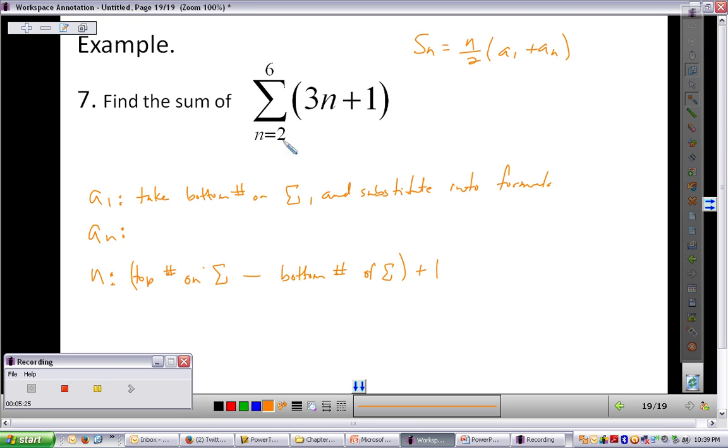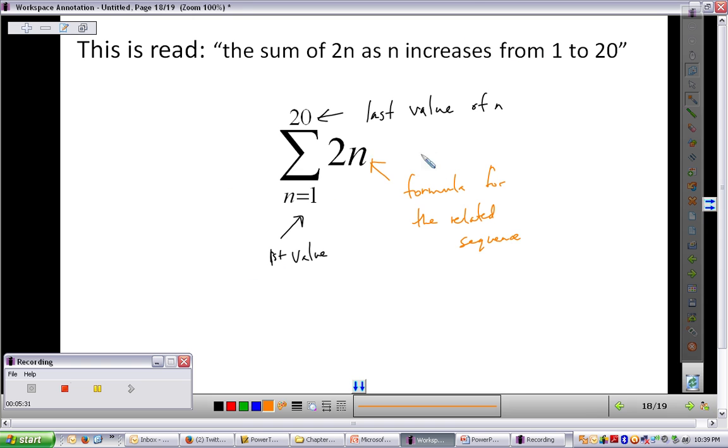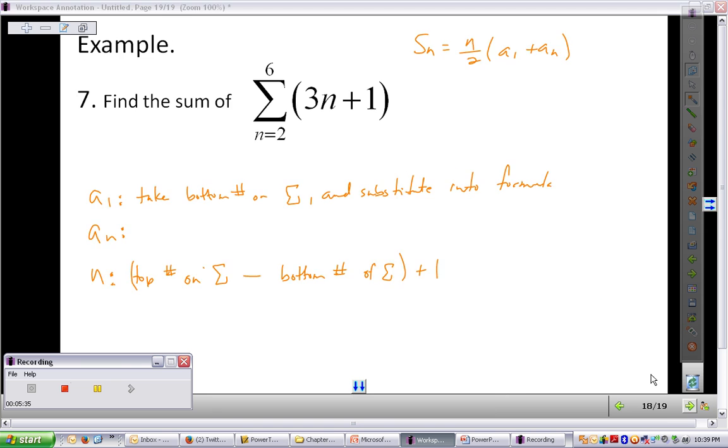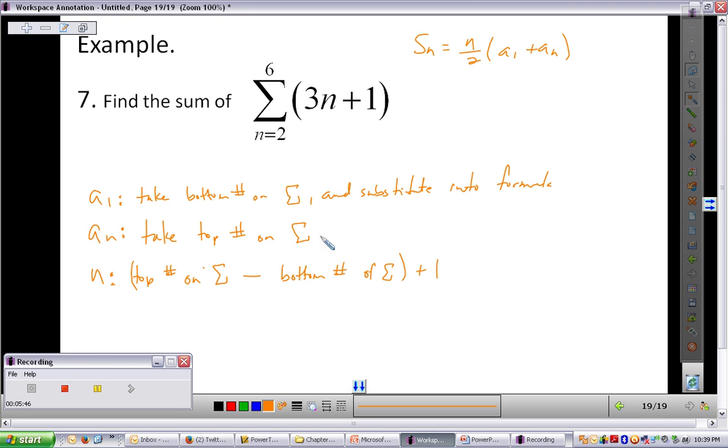The formula I'm talking about is the related formula, or the formula for the related sequence. So that's how I find a sub 1, and very similar, to find a sub n, I'm going to take the top number on the sigma and substitute into the formula.